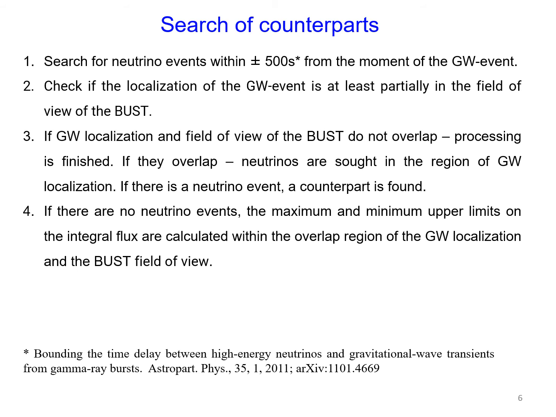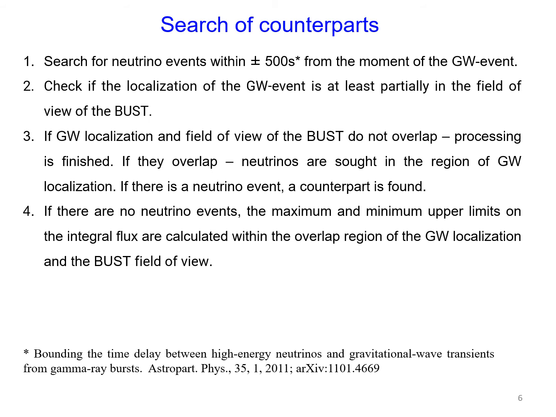If gravitational wave localization and field of view of the telescope do not overlap, we stop processing. If they overlap, neutrinos are sought in the region of gravitational wave localization. If there is a neutrino event, a counterpart is found.